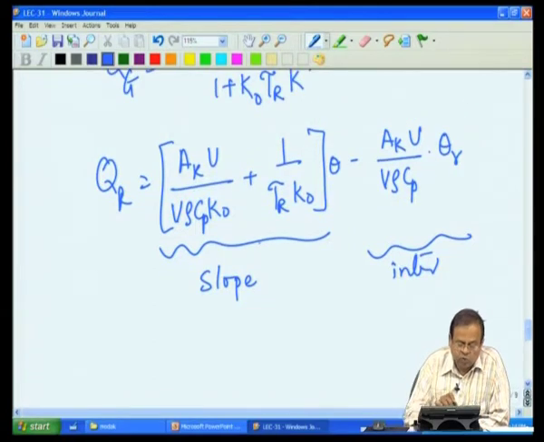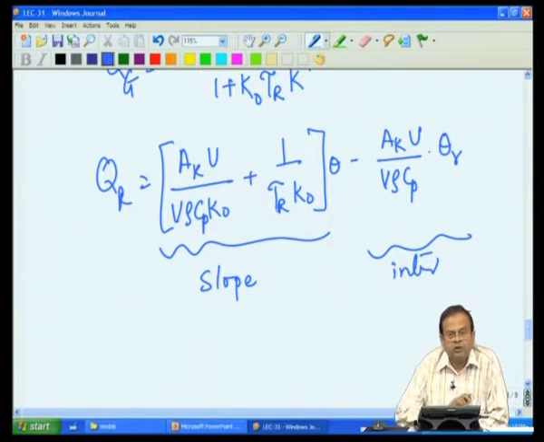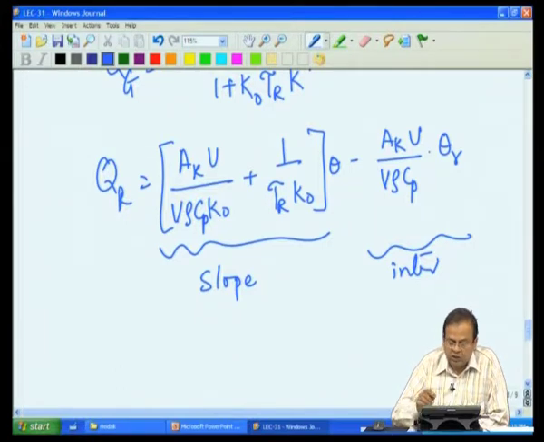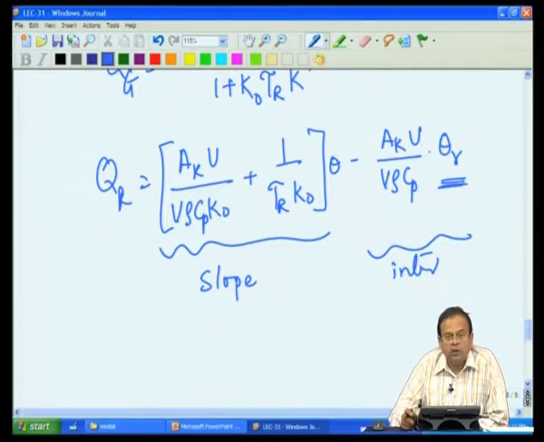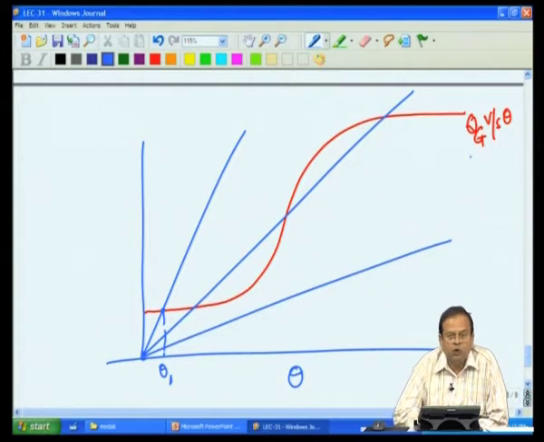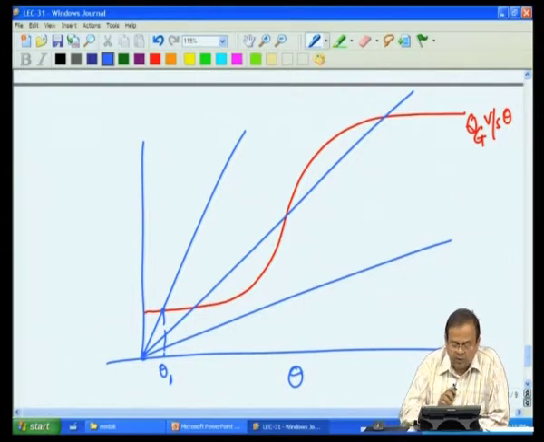We can change the slope of this line by changing AK or U, or also by changing tau r value, which is the residence time, and we can change the intercept by changing the value of the coolant temperature. Okay. So, now what will happen when we change the value of the coolant temperature or the residence time such that the slopes go in this direction. So, what happens here?